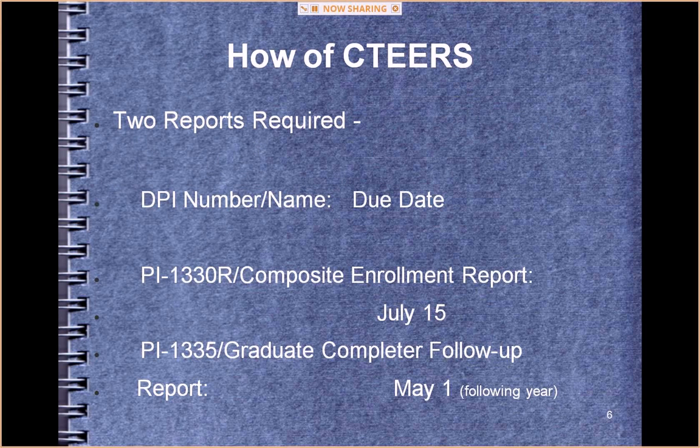The first, the main report, is the Composite Enrollment Report, which is due on or before July 15th of each reporting year. And then a follow-up report, which is the Graduate Completer, Concentrator Completer follow-up report, which is coming due May 1st for last year's Concentrator Completer graduates.